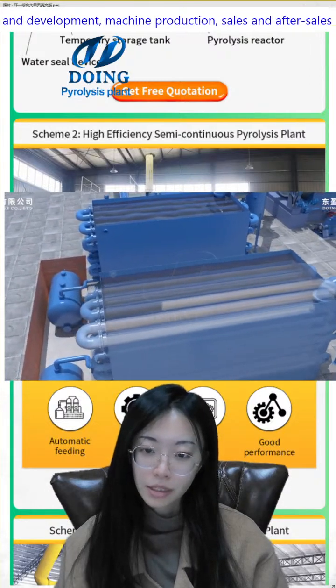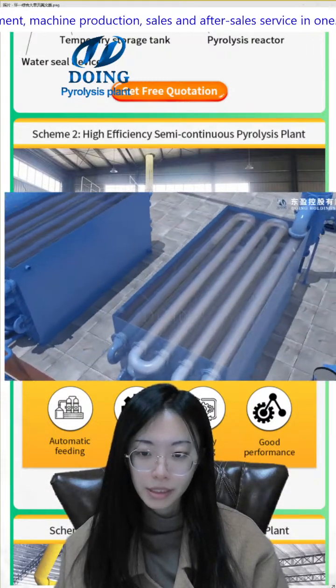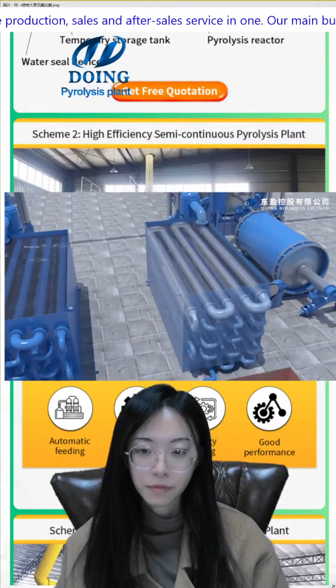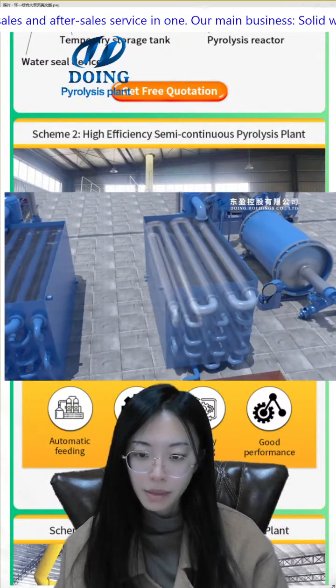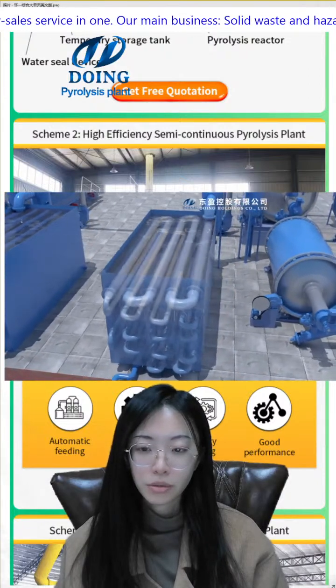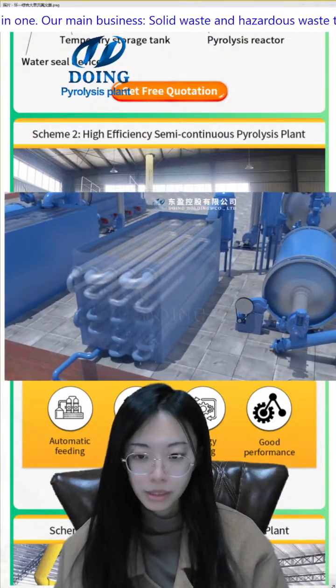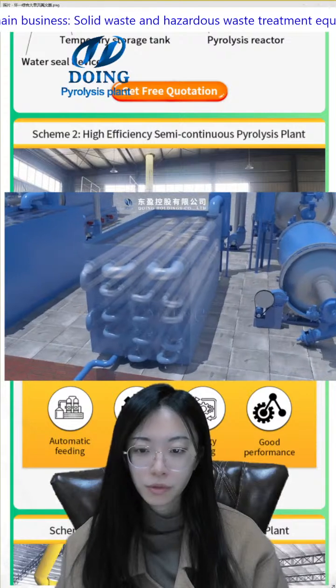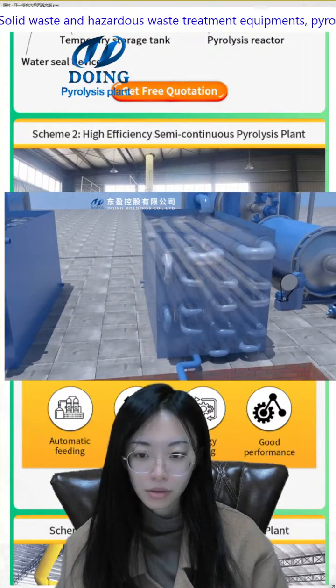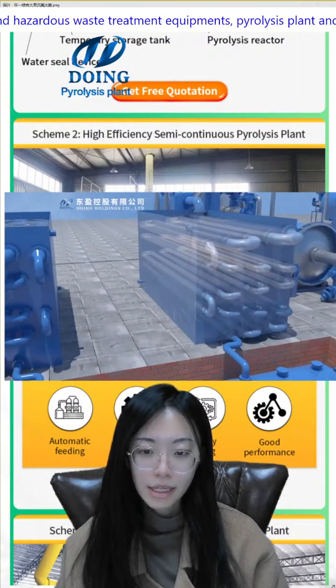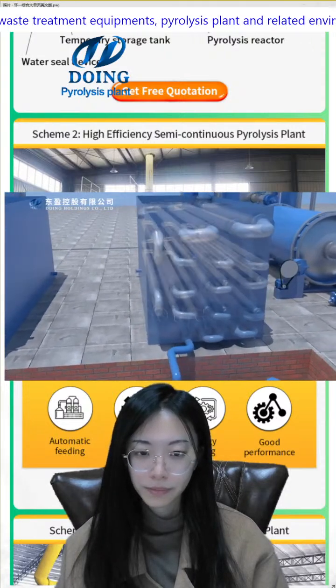There's a difference between these tube condensers. These water condensers have 30 pipes inside to make this pyrolysis flue oil fully contact with the condensing water to condense them into the flue oil.